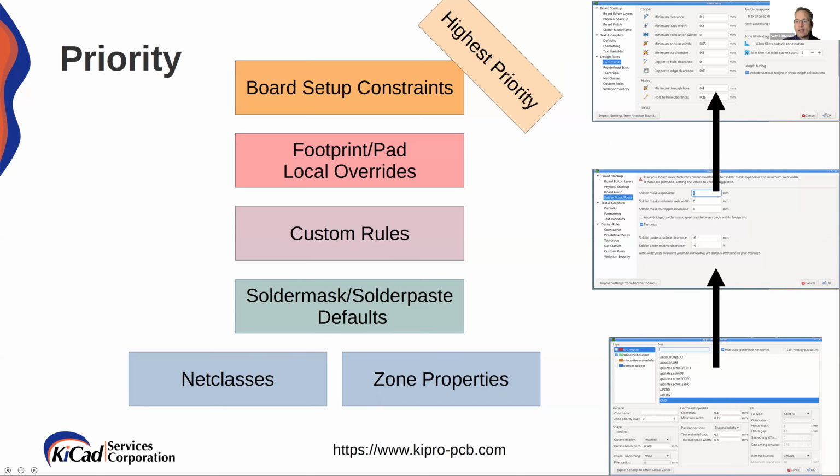So your overrides are going to change which parameters are taken as your true value, and that true value is for either DRC or for zone fills. The bottom of this priority list, which means the one that gets overridden by everything else, are going to be the net classes and zone properties.